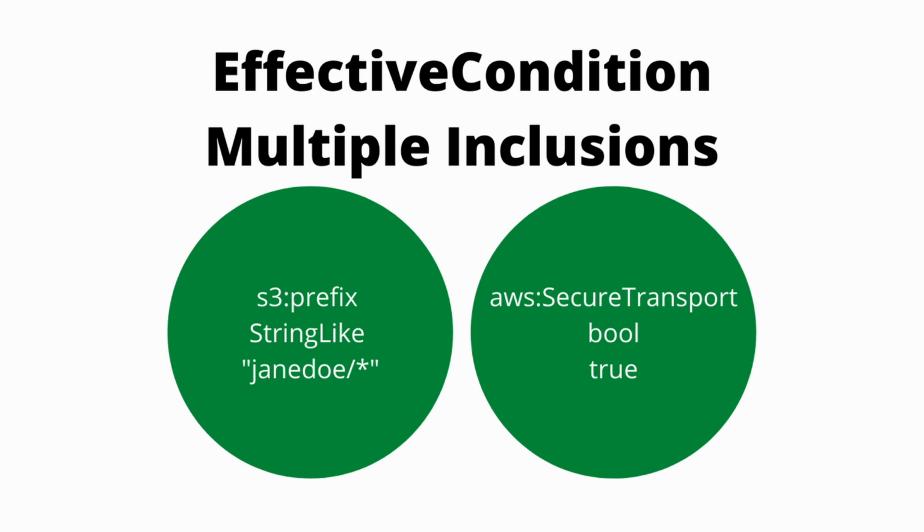Effective conditions are different because they have multiple inclusions, as whenever you create an AWS policy, you have the option to provide multiple conditions. And those conditions apply to every combination of action, resource, and principal.